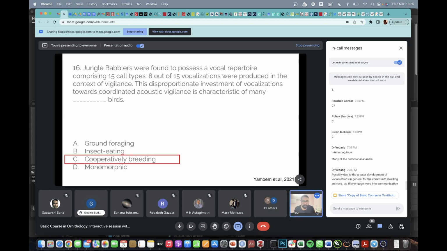More social birds, and some of them become the sentinel. One or two of them become the sentinel, and most of them feed on the ground without much focus on vigilance for a long time. So the sentinel bird has to keep a lot of vigilance, and vocalization is one way in which they do that. They have these particular calls while they are being a sentinel.